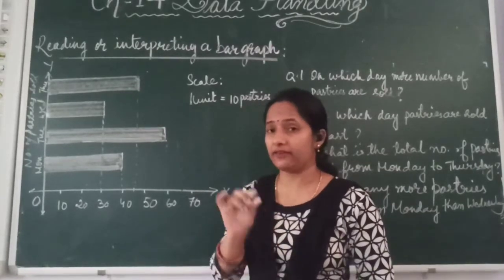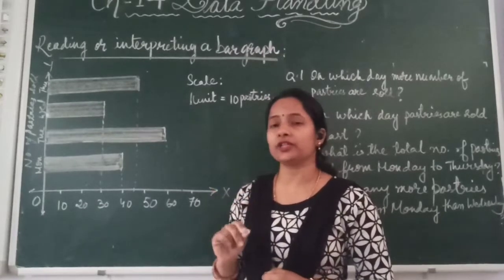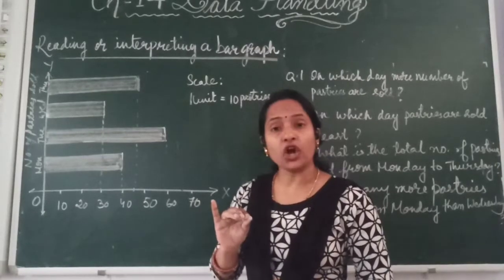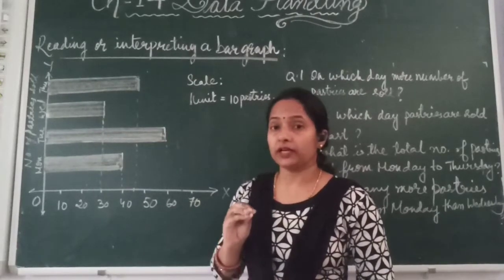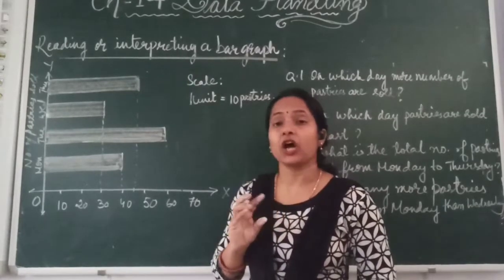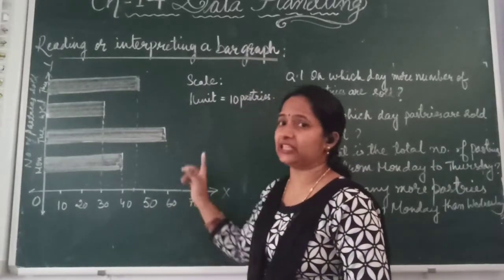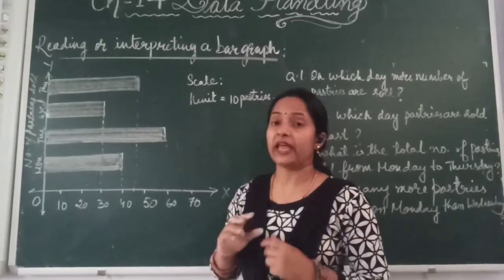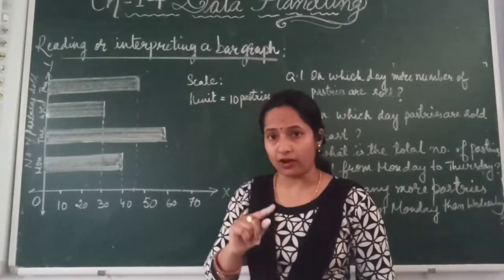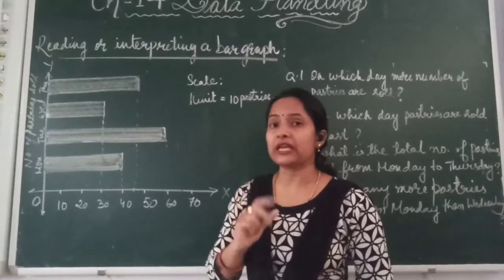So always remember, if a question asks along which axis the numerical data is taken when we draw a horizontal bar graph, x-axis or y-axis, your answer should be the x-axis. In the case of a vertical bar graph, the numerical data is taken along the y-axis. Okay, so now let us understand how to read a bar graph.